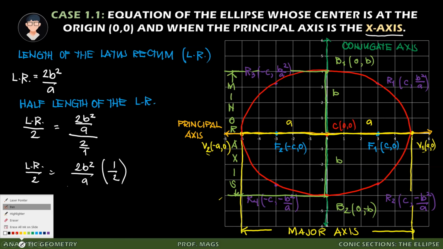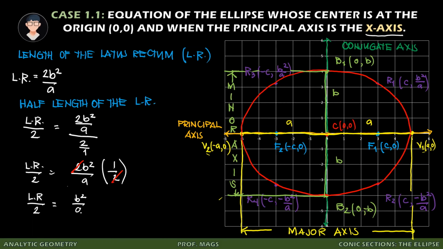So makakancel yung 2. The half length of our latus rectum is equivalent to B square all over A. So this is the half length of our latus rectum. And this is the full length of our latus rectum.